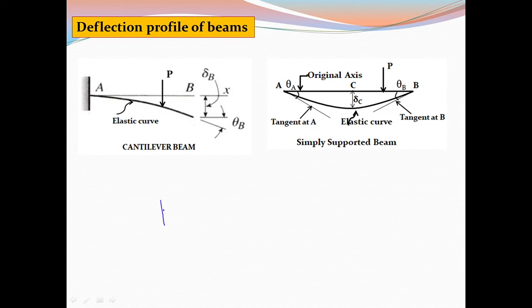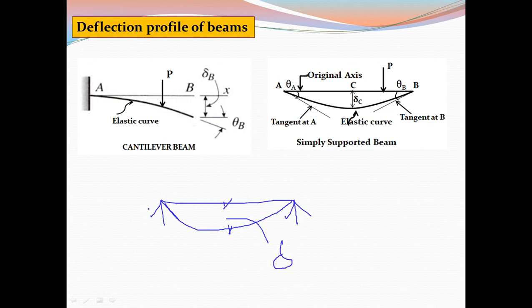Suppose this is the beam. It is deflected, right? The vertical displacement from the original profile of the beam to the deflected profile is known as deflection, delta.